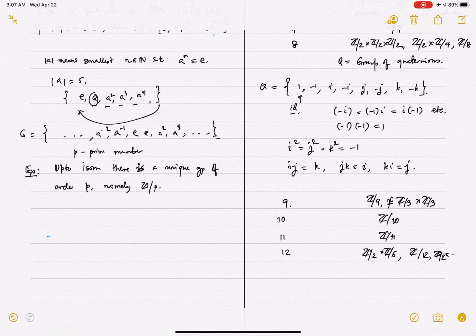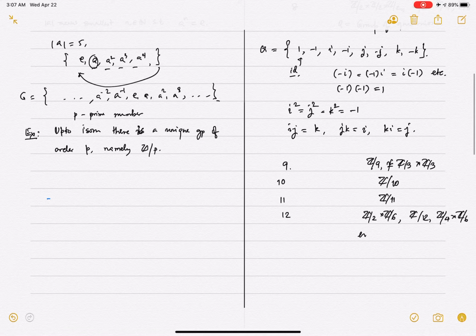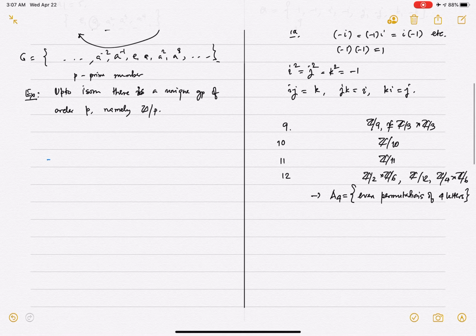Well, Z mod 2 cross Z mod 2 cross, wait a minute, you have also Z mod 4 cross Z mod 6, and then you have something called the even permutations of 4 letters. This is called A4. This is a group which we'll soon introduce. We haven't yet.